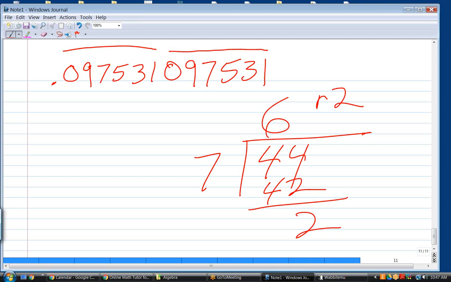Yeah, exactly. In other words, that would be repeated once, twice, 6 times, and then I would have to go 2 more spots to find that digit right there.